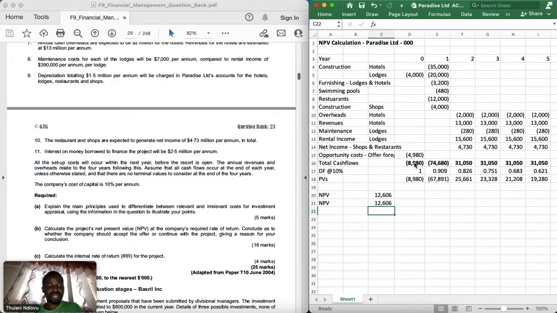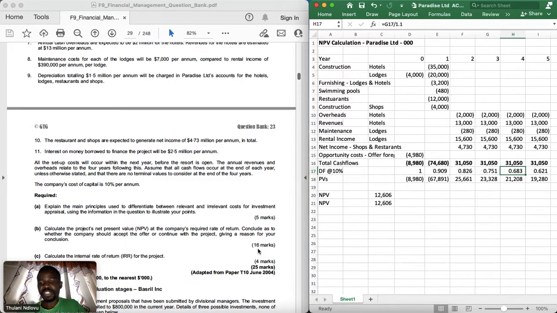Then we get the same figure, 12606. There will be slight rounding differences, as here the formula we didn't round off as the present value tables. So that's how you are supposed to get your 16 marks of the NPV calculation.